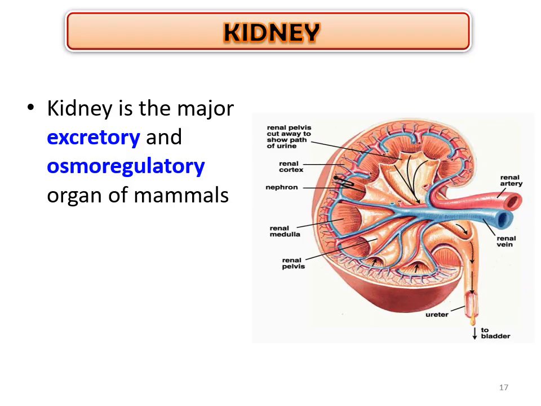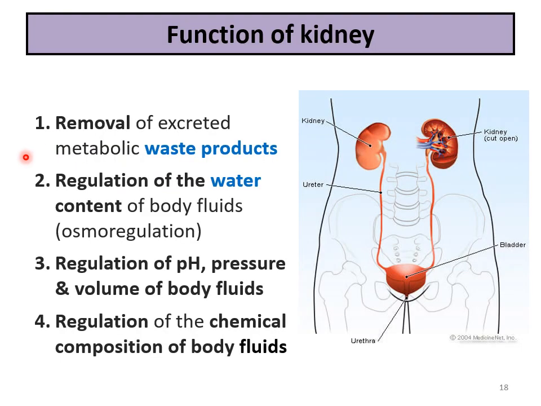Kidney is a homeostatic organ that is the major excretory and osmoregulatory organ of mammals. Functions of the kidney: first is excretion, meaning the removal of waste products of metabolism, for example urea and uric acid, by formation of urine.